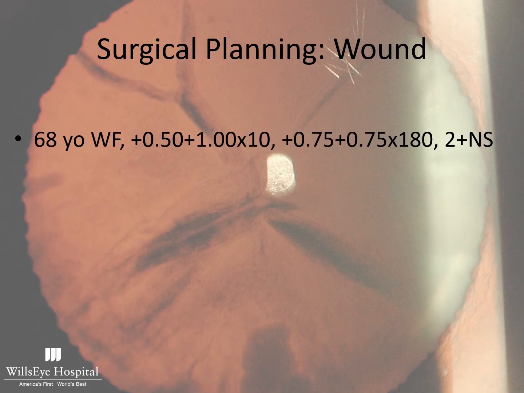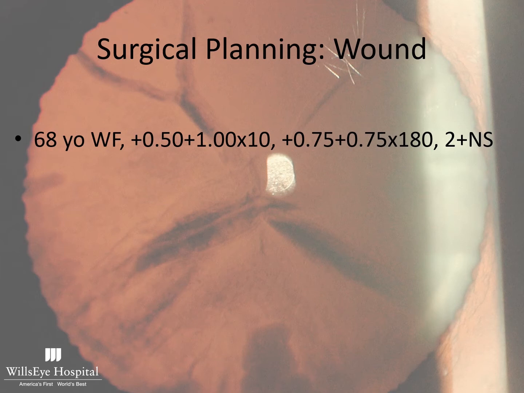Take this patient for example, a 68-year-old female. She's got a diopter of cylinder at 10 degrees in her right eye and 3/4 of a diopter at 180 degrees in her left eye, 2+ NS. One thing to think about is to try and place your wound in the axis of astigmatism.